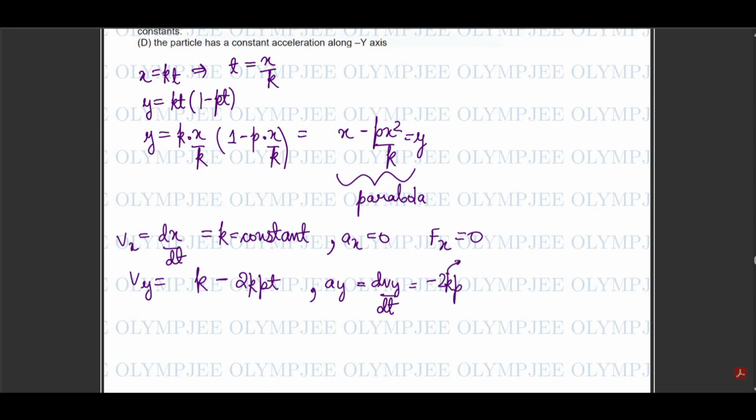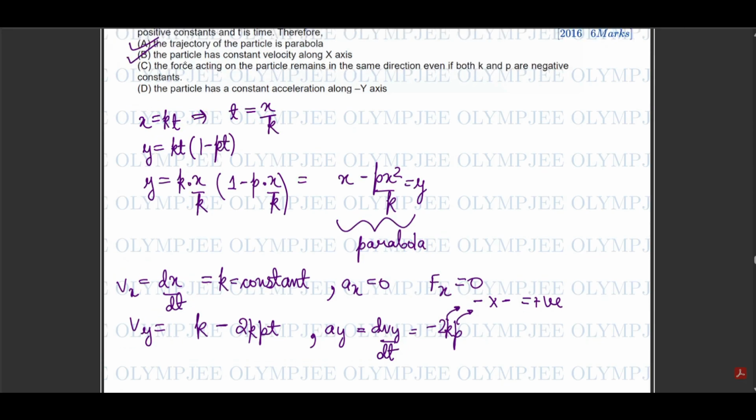Now if both become negative, then also the answer will be minus 2kp, because negative into negative will become positive. Option C is also correct. And acceleration along the y-axis is minus 2kp, and since k and p both are constant and there is a minus sign also, the acceleration is constant in the minus y direction. So ABCD is the answer.